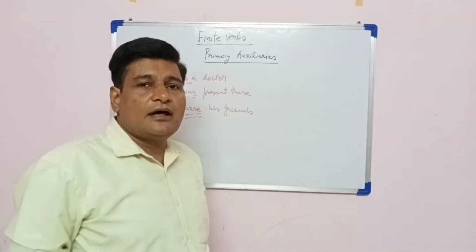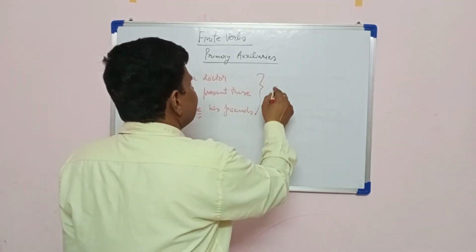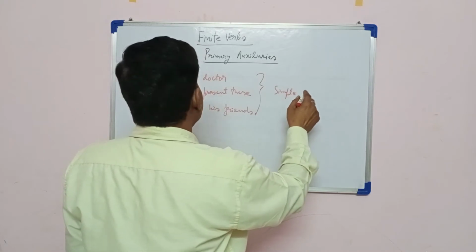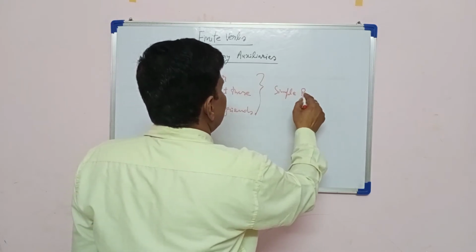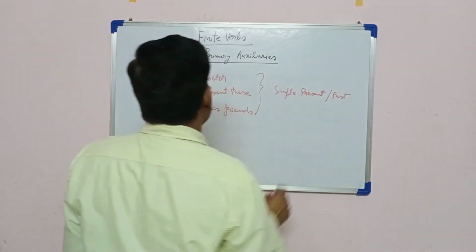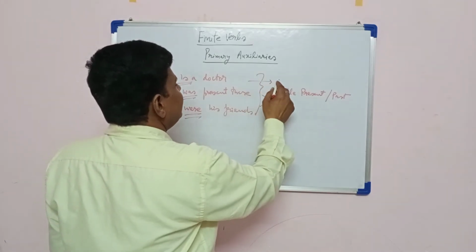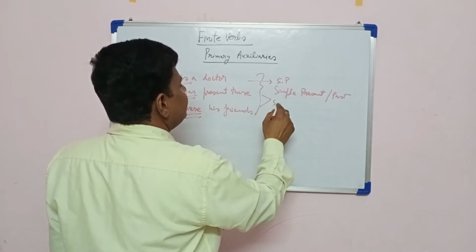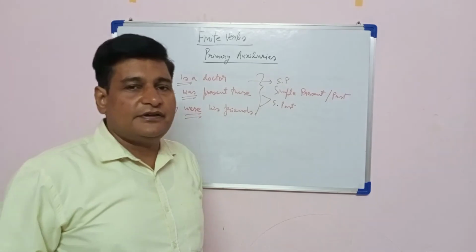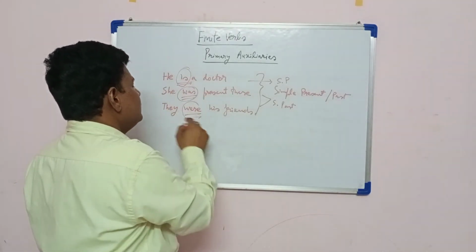All these sentences are of simple present tense or simple past tense. These two are simple past tense and this is the simple present tense. So these are of simple present or simple past tense, but here is, was, were.